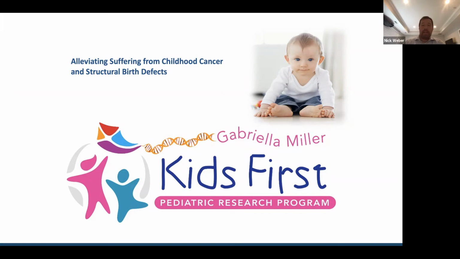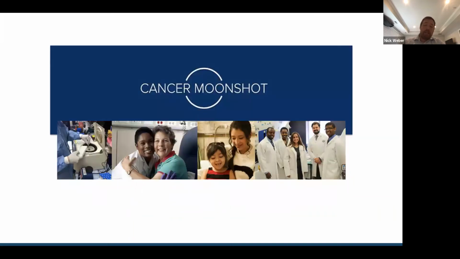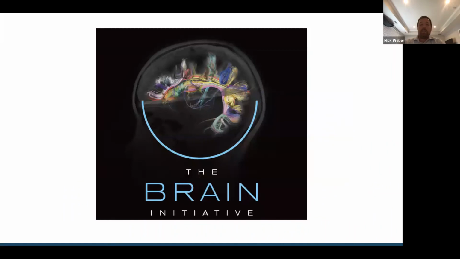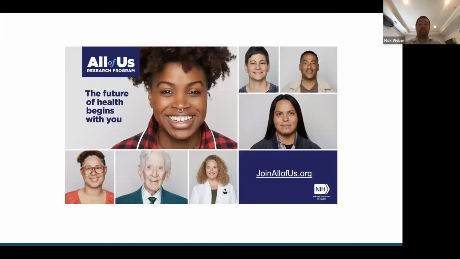Programs like our Kids First Pediatric program, our Environmental influences on Child Health Outcomes program, our Cancer Moonshot program, the Brain Initiative, our opioid initiative called HEAL, our All of Us research program, looking to enroll 1 million participants for personalized medicine purposes. In addition to hundreds of other research programs that may not be as large or heavily funded by NIH, but can also benefit from many of the same approaches and capabilities.